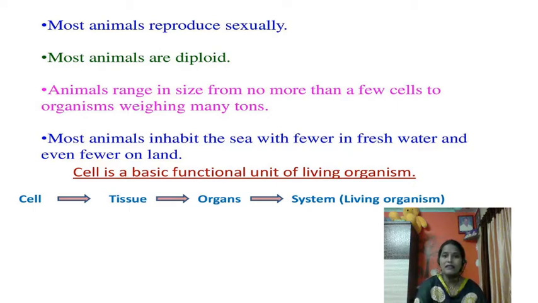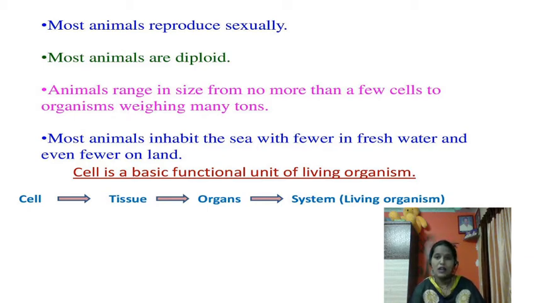Cell is the basic functional unit of any living organism. Two or more cells combine together to form tissues. Tissues combine together to form organs, and organs combine together to form a system in living organisms.